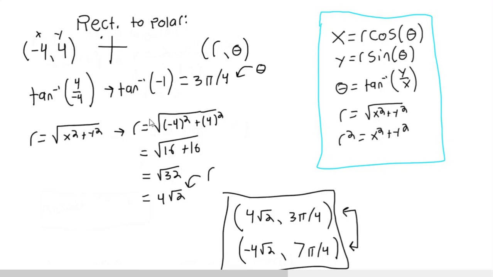And I'm just going to clear the board entirely because I feel like we're comfortable enough with these formulas now. Okay, so let's say I was given, I want to go from rectangular to polar, -6, comma 0. So I'm going to do exactly that. Let's change it up a bit. I want to find my r.